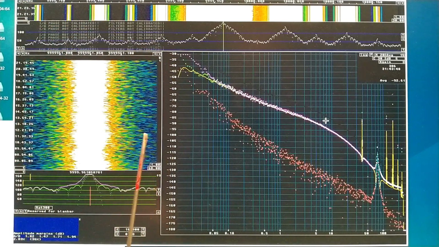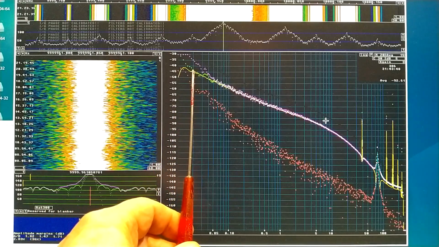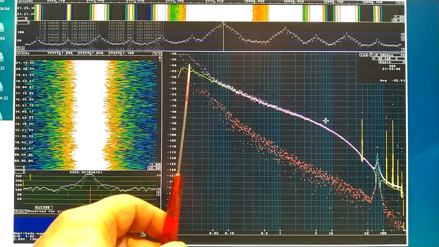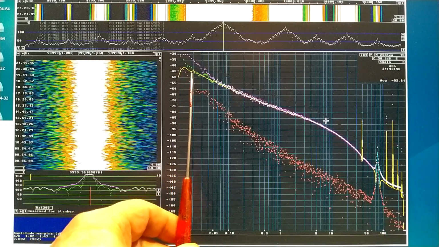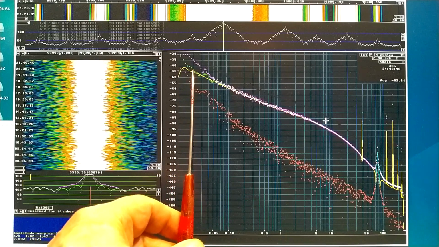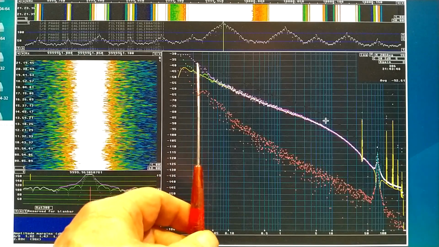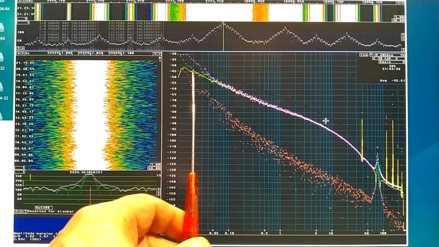So phase locking that channel 1 oscillator to the rubidium oscillator with a time constant corresponding to 0.02 Hertz here would be optimum. And then I would lock, of course, channel 2 to the same reference oscillator.